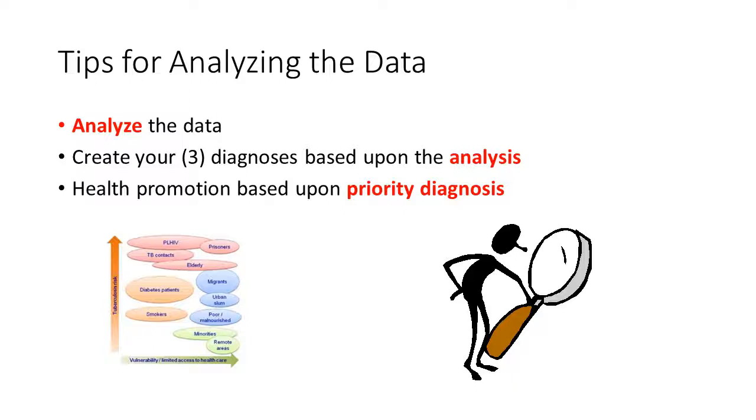that's provided for you. And an example is looking at this graph in front of you, in terms of who's more at risk for TB, and then who has limited access to health care. There might be a population in there. These are things that we've talked about over the last several weeks in terms of access to care.